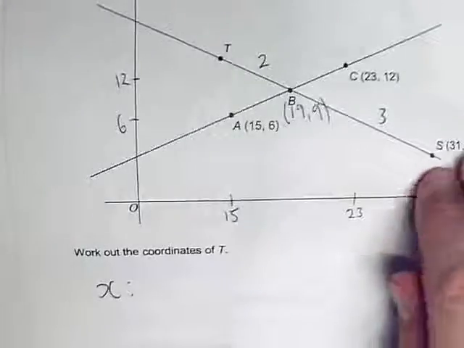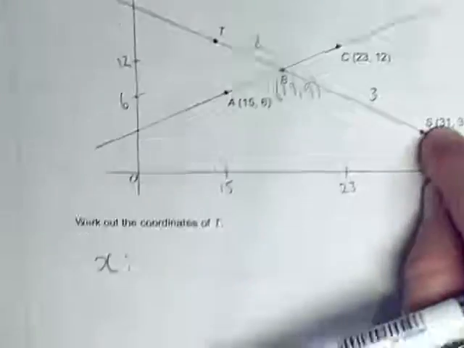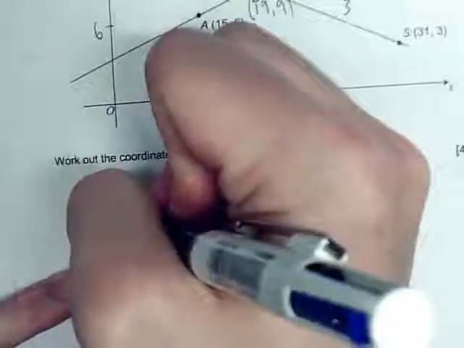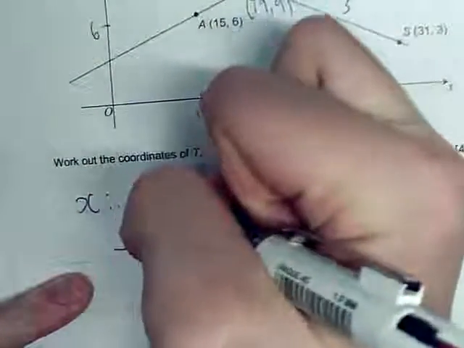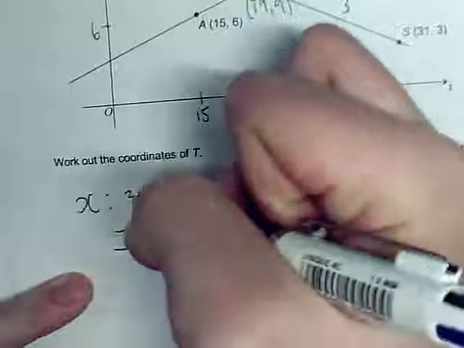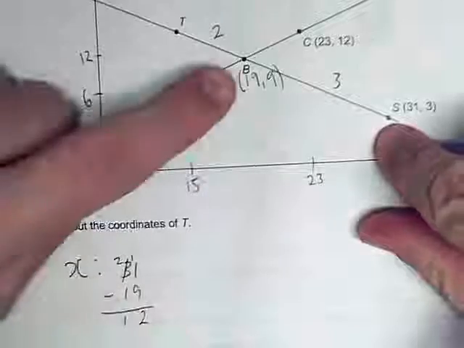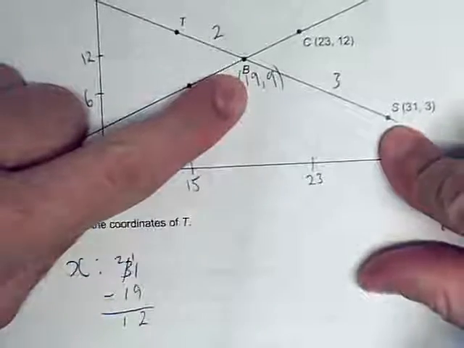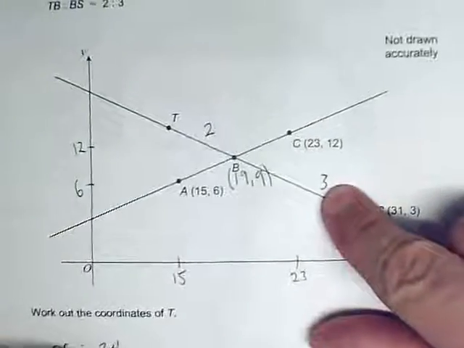Okay, so the difference between 31 and 19, let's subtract these. So we get 12. Okay, so the difference is 12. And if we think about this, that's been split into 3 parts.